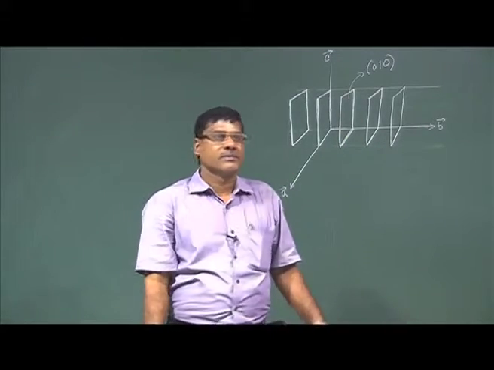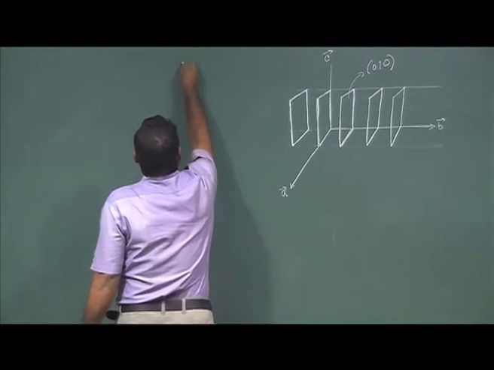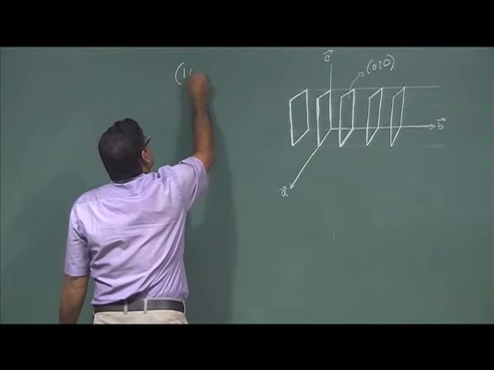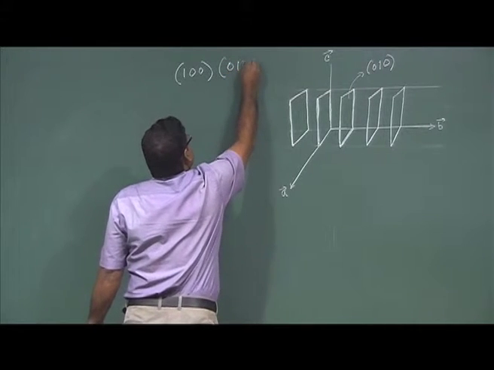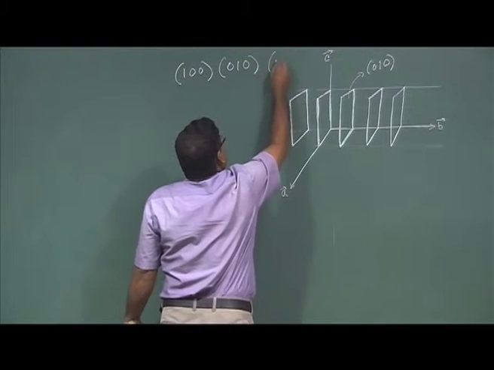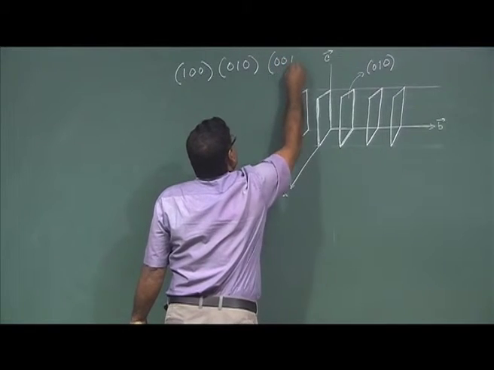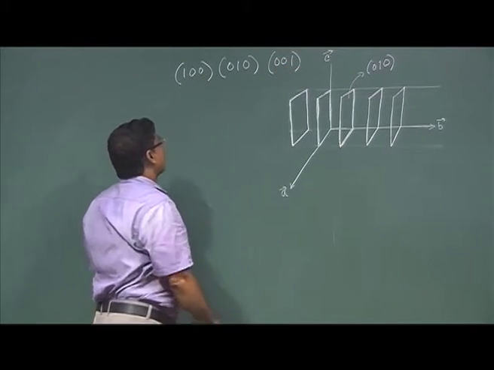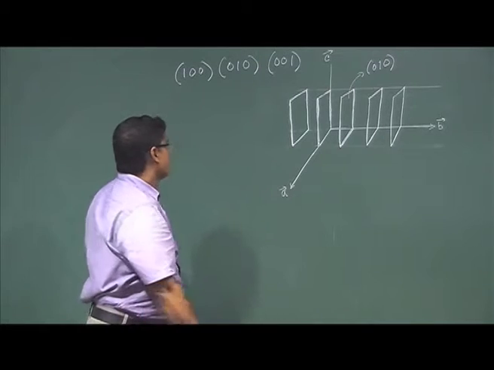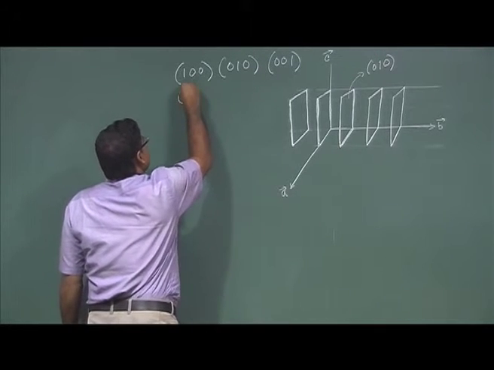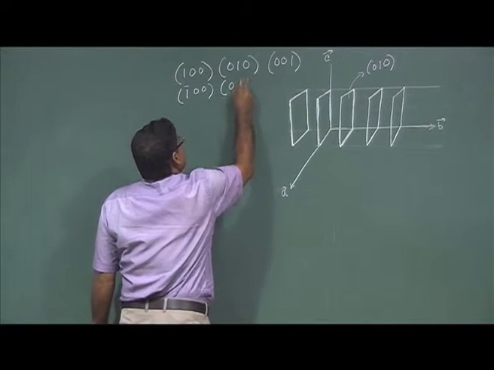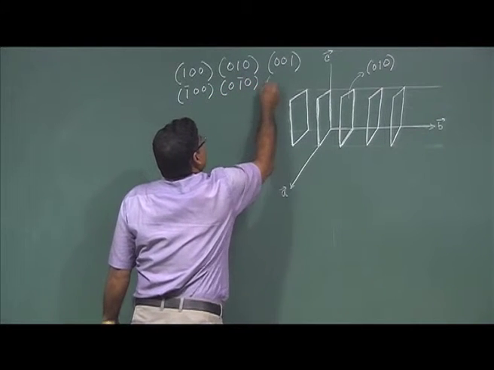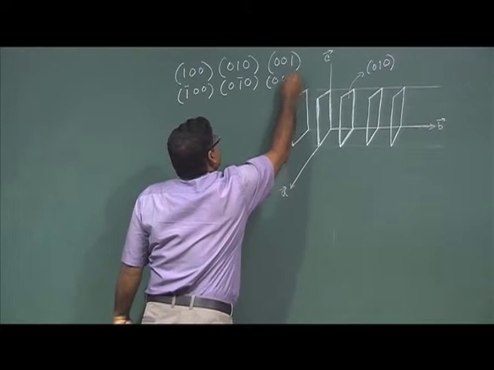1 0 0. So, what we are seeing: 1 0 0, 0 1 0, 0 0 1. Okay. So, for all these planes, 1 bar 0 0, 0 1 bar 0, 0 0 1 bar.